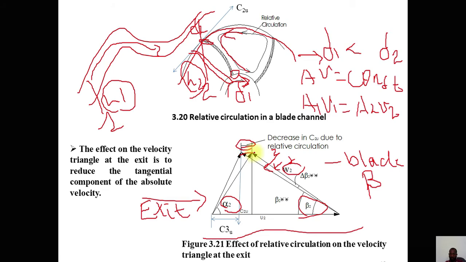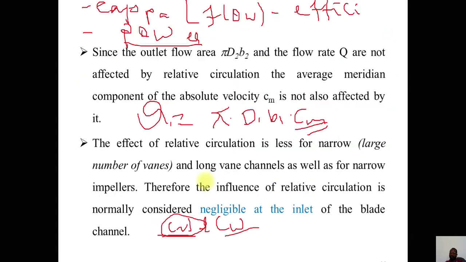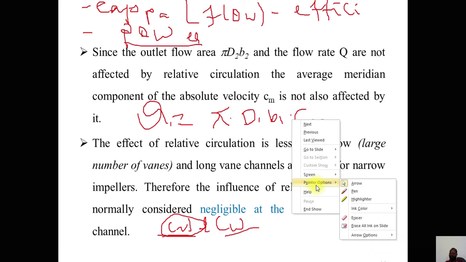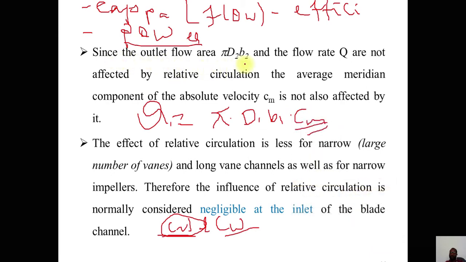If we compare them, there is not so much change from the original one. No variations, not much varied from the original. That's why there is no influence on flow velocity. Since the outlet is this one, they are not affected by relative circulations.